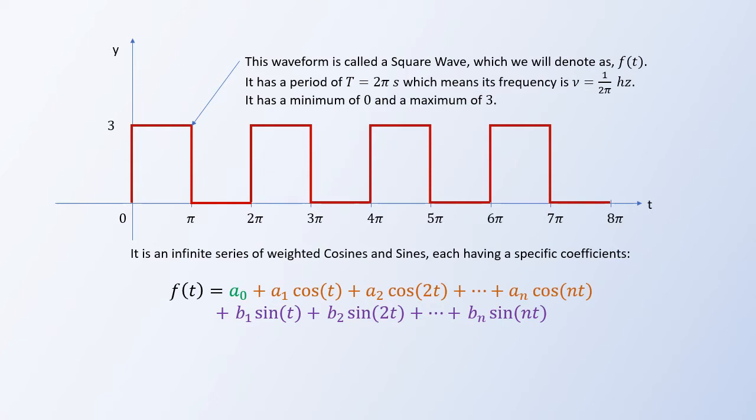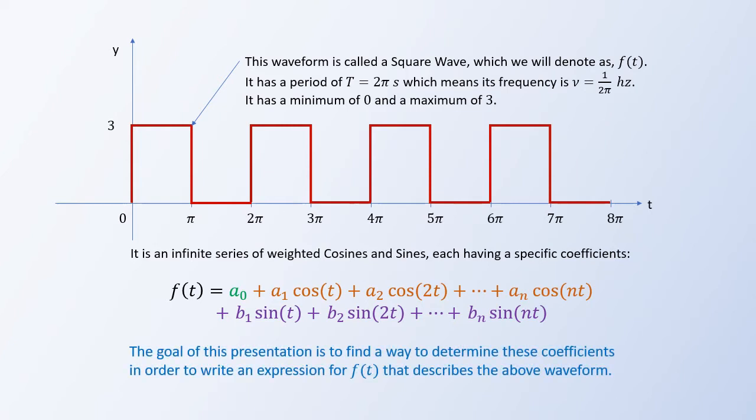Likewise, we have the sine values, b1 sine of 1 times t, plus b2 sine of 2t, and so forth, all the way up to b sub n sine of nt. And as I said before, the goal of this presentation is to find a way to determine these coefficients in order that we can write some expression that will be able to let us graph this picture.